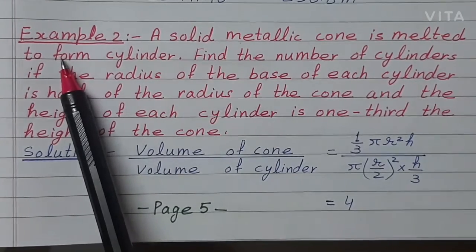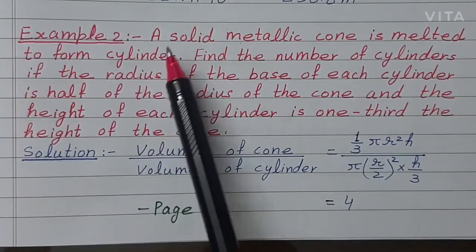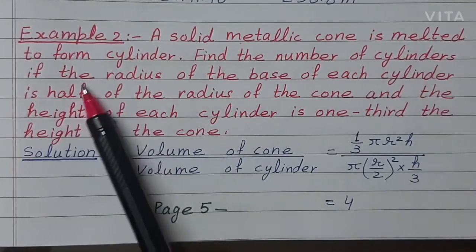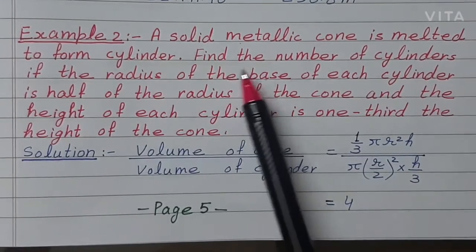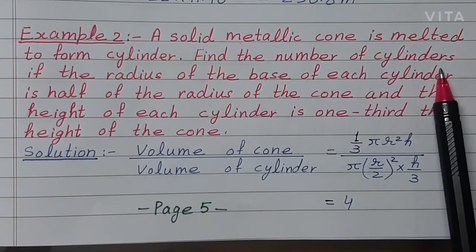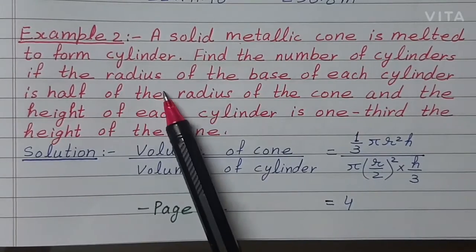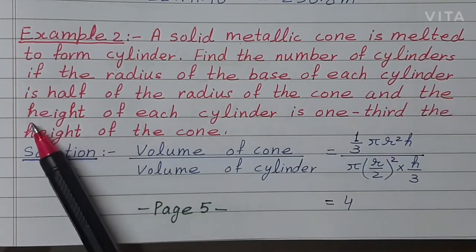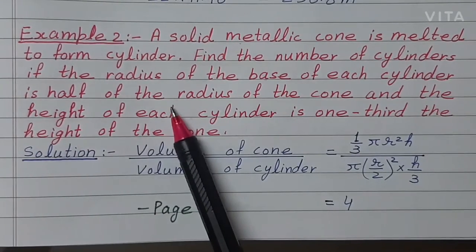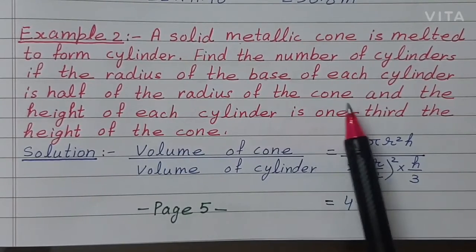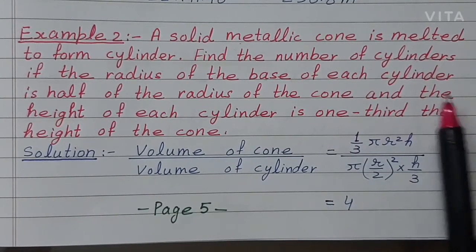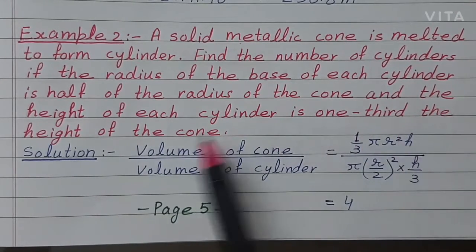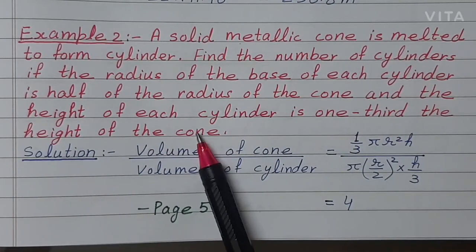Now students, see example number 2. A solid metallic cone is melted to form cylinders. Find the number of cylinders if the radius of the base of each cylinder is half of the radius of the cone and the height of each cylinder is 1/3 the height of the cone.